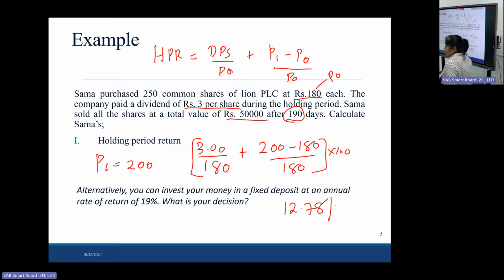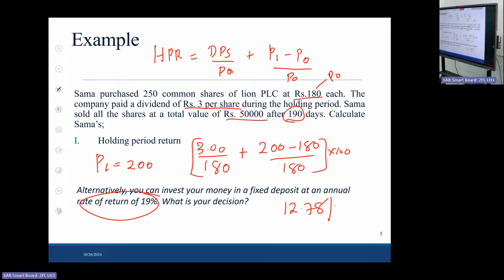Suppose alternatively you have another investment option, say a fixed deposit. This is the stock market investment in the Lion PLC. Alternatively, you can invest in a fixed deposit at an annual interest rate of 19%, or 19% per annum.